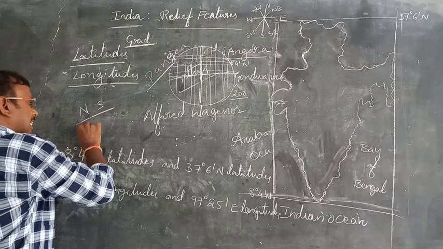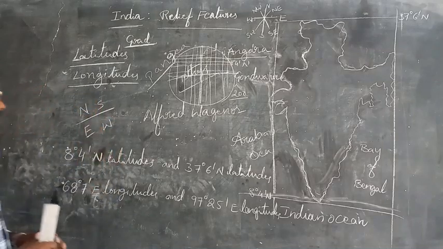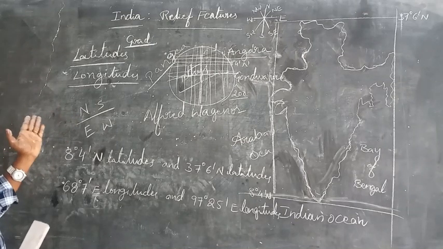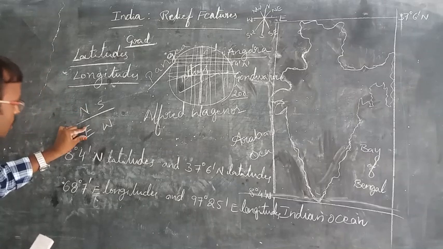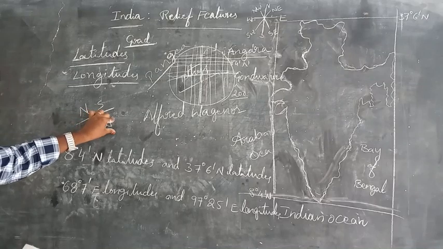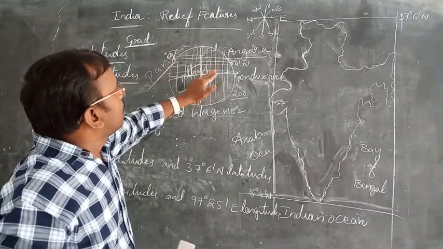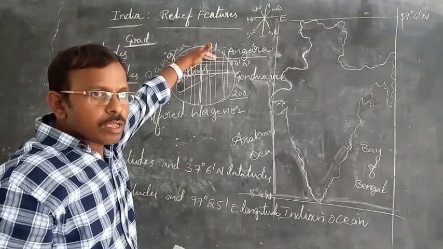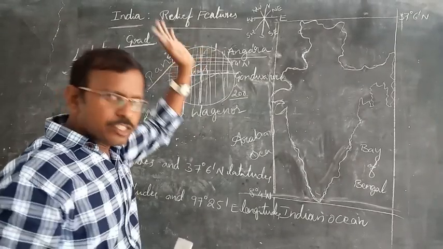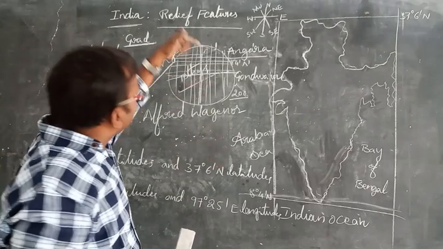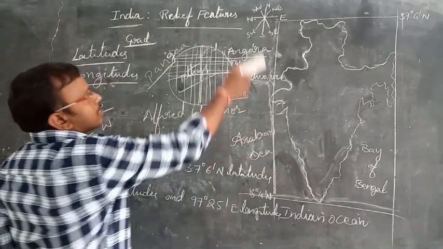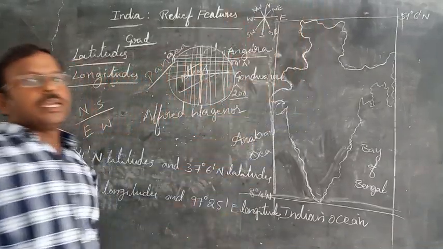When there is an E and W, they are always longitudes: eastern longitude, western longitude. So India is located in the northern hemisphere and eastern hemisphere. With longitudes, eastern longitudes will come, and with latitudes, northern latitudes will come. That's why India is located from 8 degrees 4 minutes north latitude to 37 degrees 6 minutes north latitude.